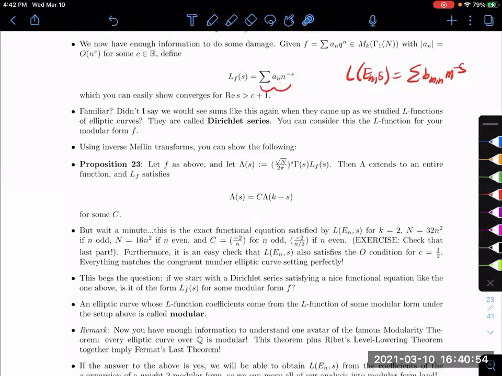In other words, is this Dirichlet series actually of the form L sub f of s for some modular form f? Do the coefficients match some coefficients in some Q expansion for a modular form?